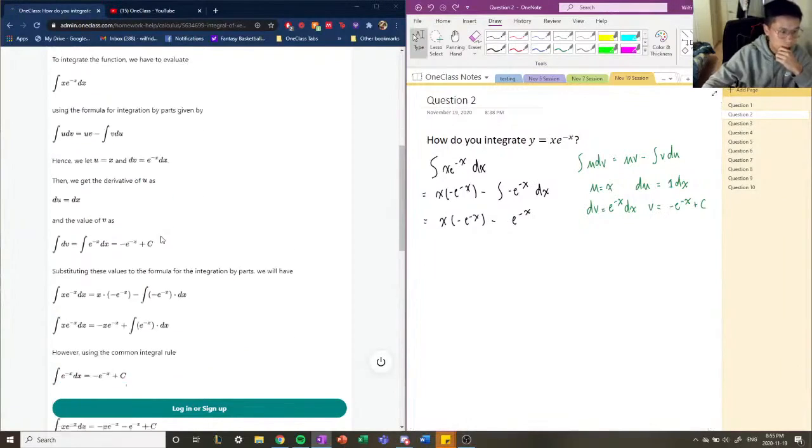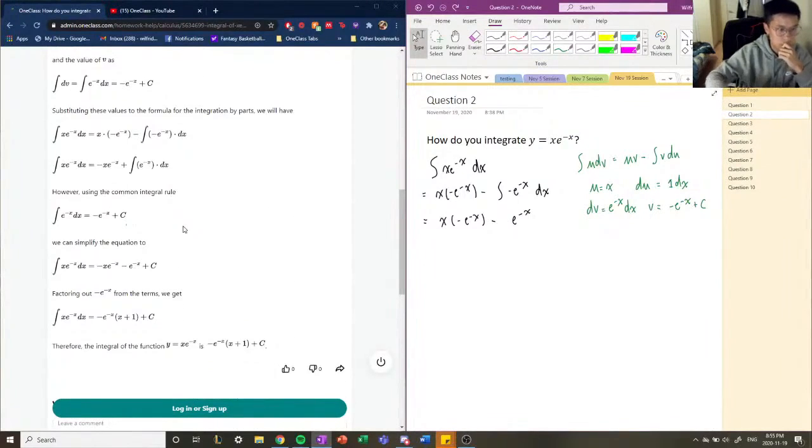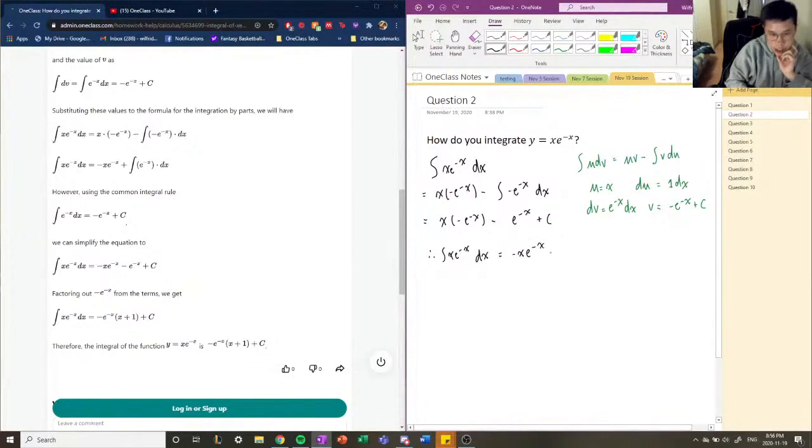And we need to add a plus c, of course. And now, therefore, the integral of x times e to the negative x dx equals negative x times e to the negative x minus e to the negative x. Okay, cool.